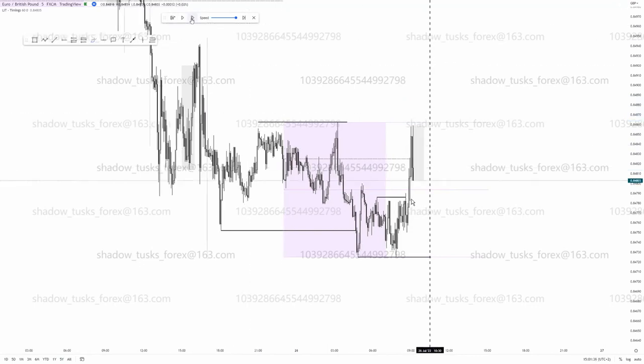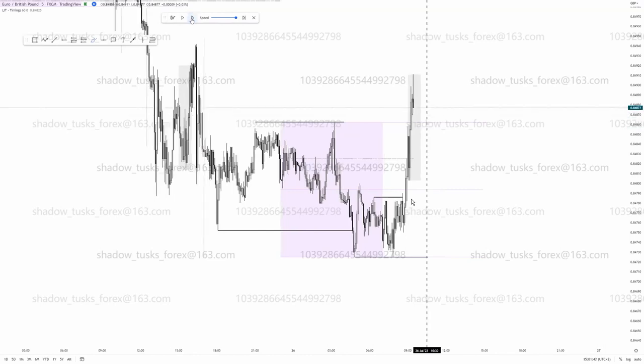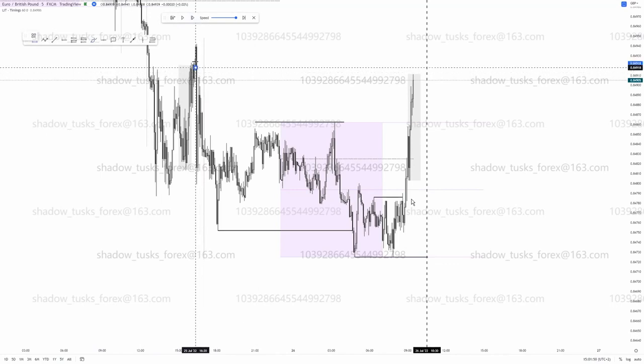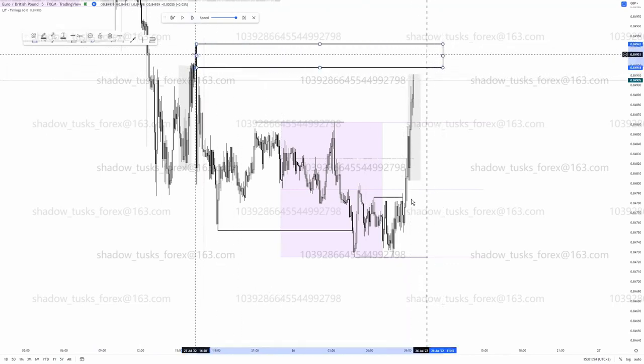Okay, so let's continue. We're giving our false reactions. Vector candles, very nice. Ideally, we mitigate this point to the left. This is our ideal scenario.